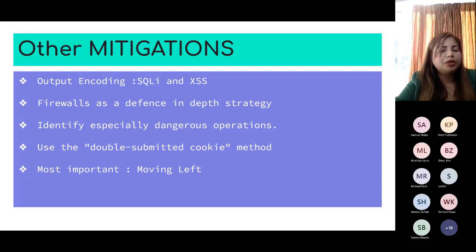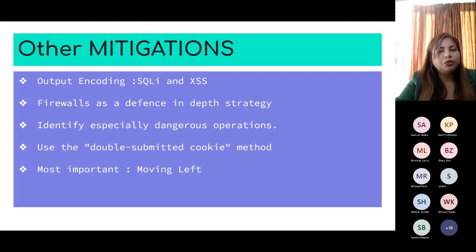You might have noticed that there are some alerts on your phones when you log in from a different device, or there's something new that you do. Identifying a dangerous operation is in that category, and it's very important.